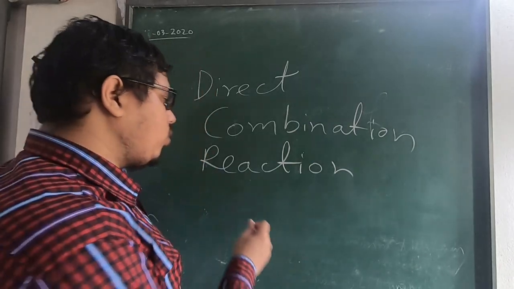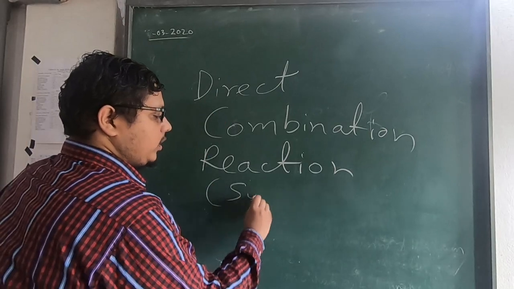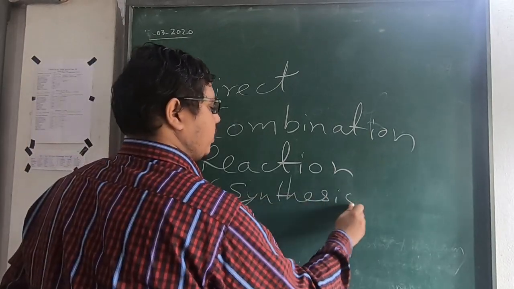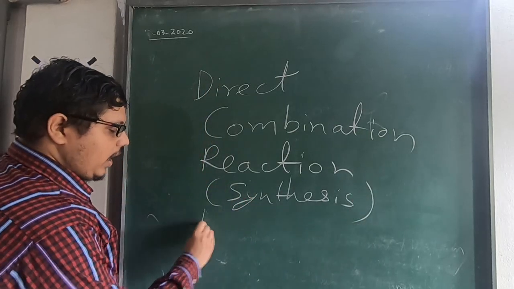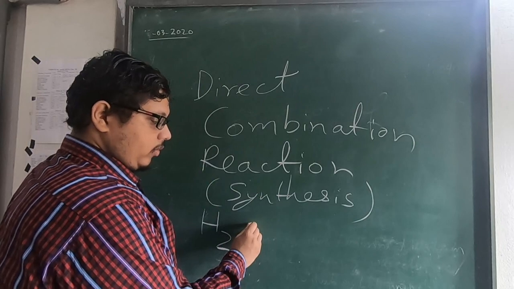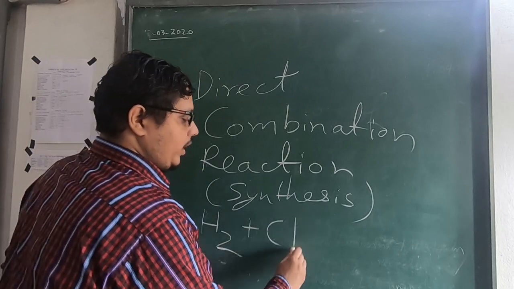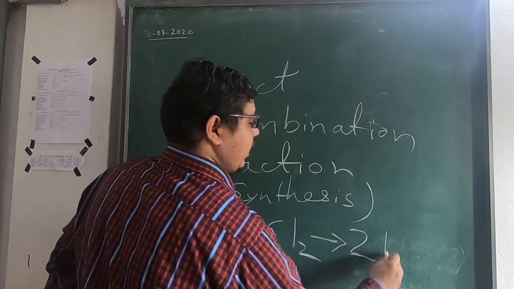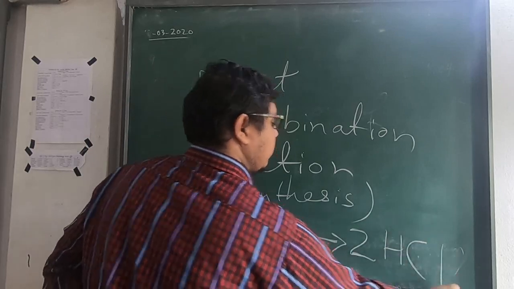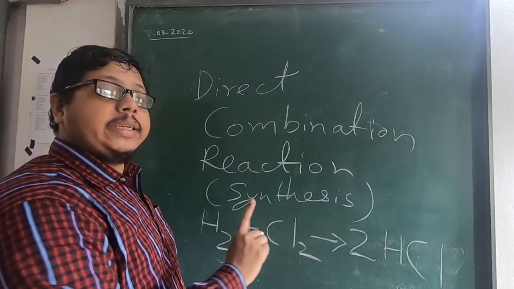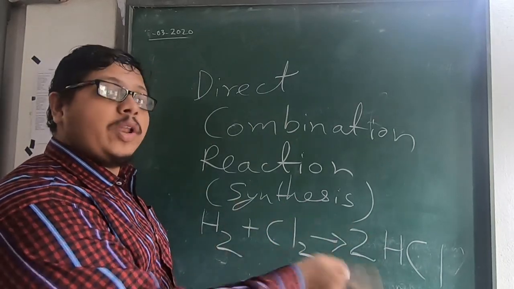Okay? We can also call it a synthesis if the two reactants are elements. Here we can see a molecule of hydrogen reacts with a molecule of chlorine to give two molecules of HCl. That is a direct combination reaction between whom and whom?